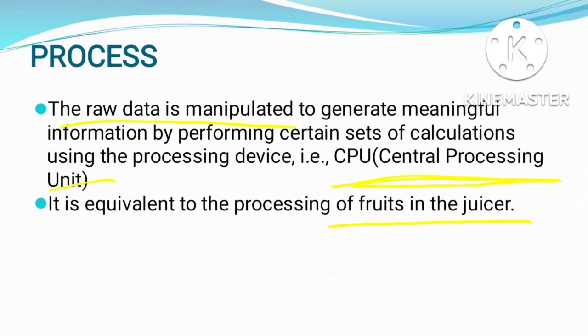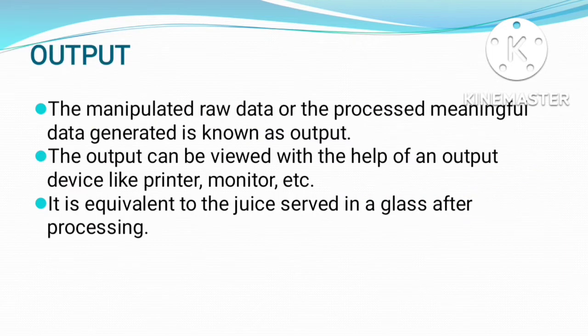Who is known as the processing device? The CPU. The CPU is known as the processing device. CPU means central processing unit. It is equivalent to the processing of fruits in the juicer. After we add the fruits into the mixer, who processes it? The mixer processes it. Like this, the CPU processes whatever instruction is given by the user to get the output.